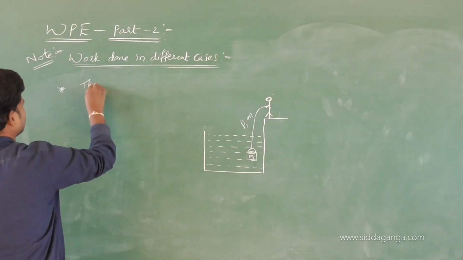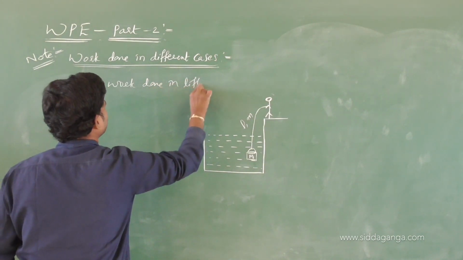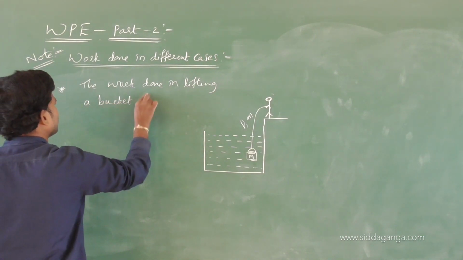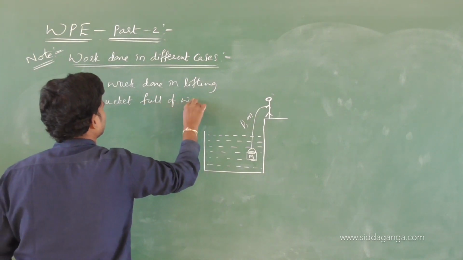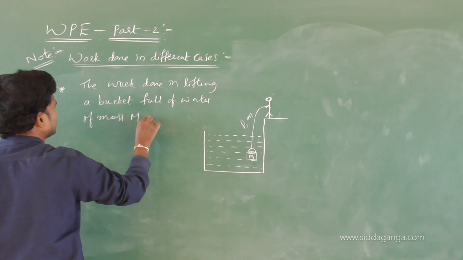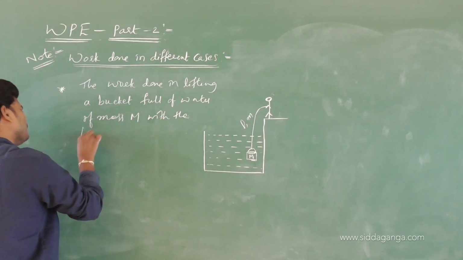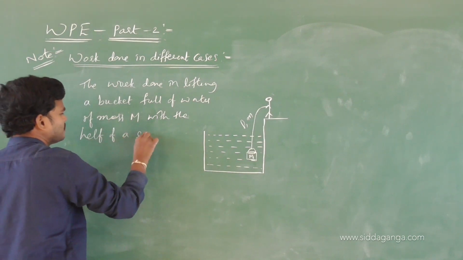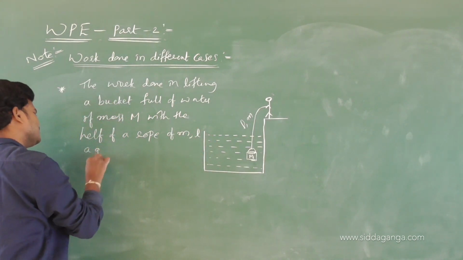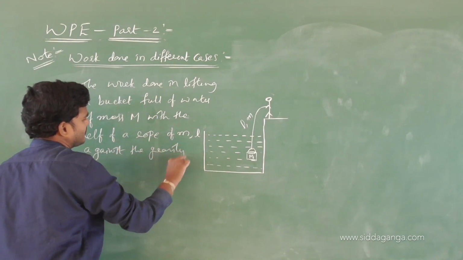So the work done in lifting a bucket full of water of mass capital M with the help of a rope, wire, rope of mass m, length L, against the gravity is, then tell me.